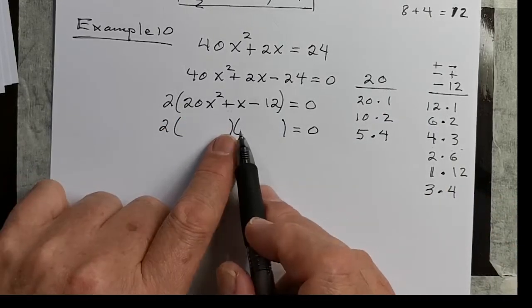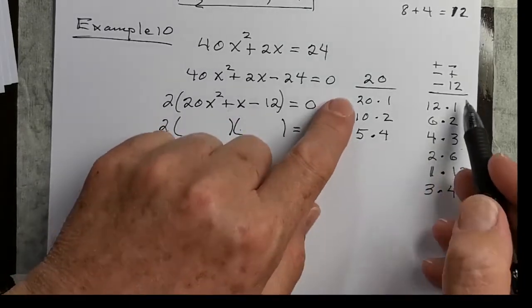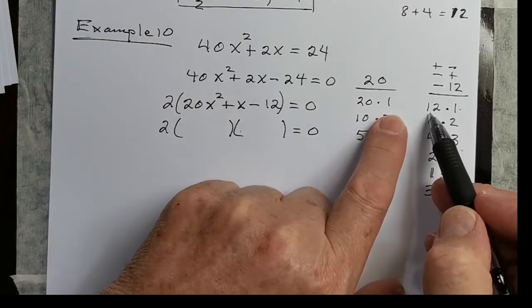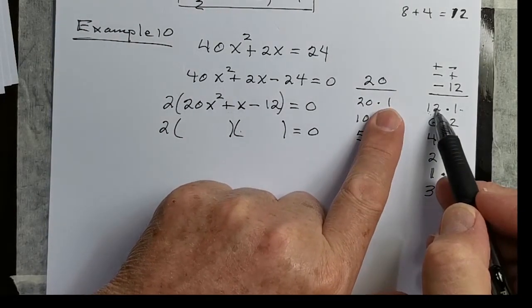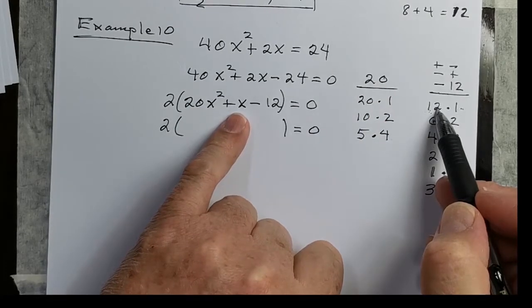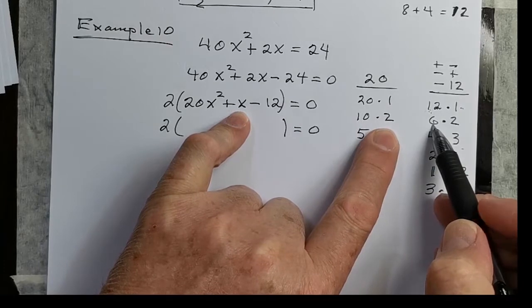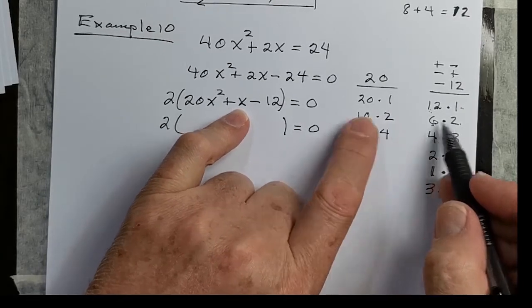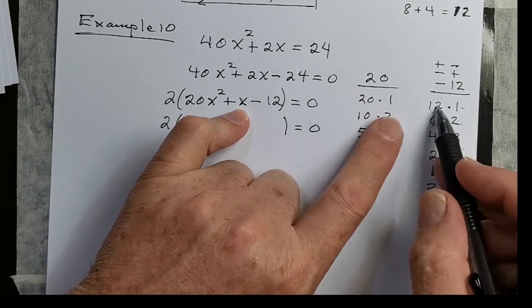And then the outer and the inner is going to be like 20 times 1, subtract 12. 20 and 12 has a difference of 8. I'm looking for a difference of 1. 10 and 2 is 20. 2 and 6 is 12. 20 and 12, again, has a difference of 8. That's not it either. Okay?